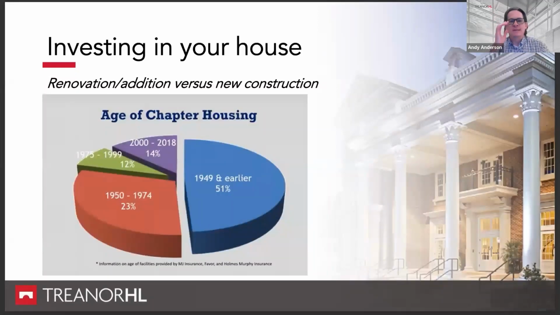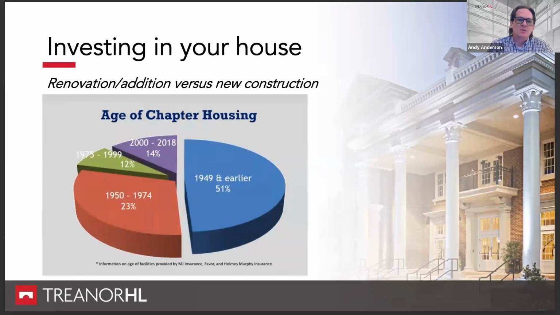So we're going to talk a little bit now about investing in your house, and it's really going to come down to, can you afford to do a new house, or are you going to do a renovation? But this first slide here is really interesting. I think Pennington presented this at the FHA conference that John and I attended.